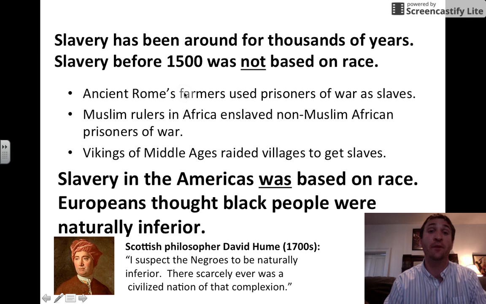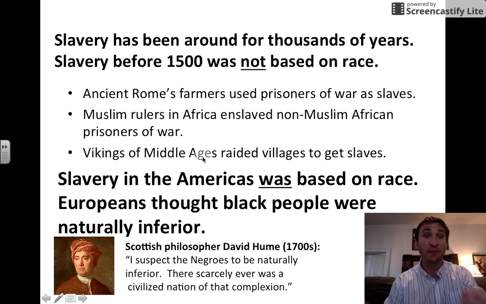Ancient Rome's farmers used prisoners of war as slaves. Muslim rulers in Africa enslaved non-Muslim African prisoners of war. So you have Africans enslaving other Africans. And the Vikings of the Middle Ages raided villages to get slaves for their purposes.